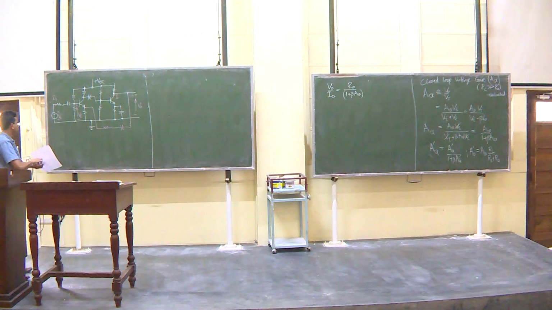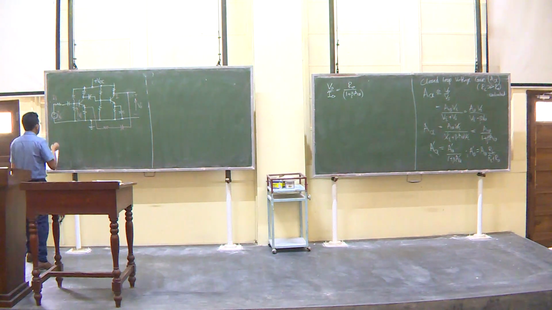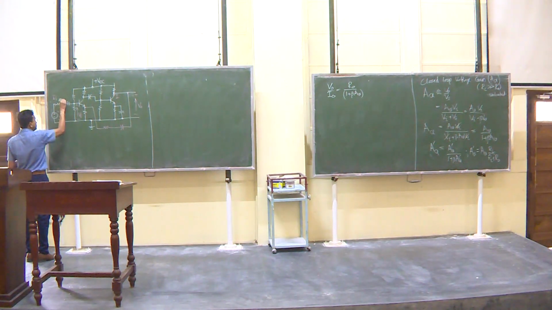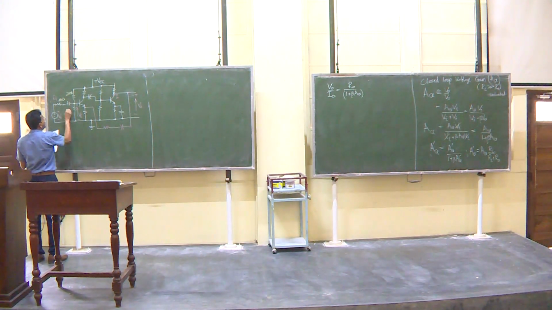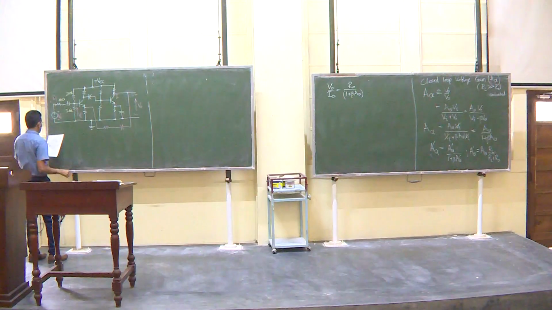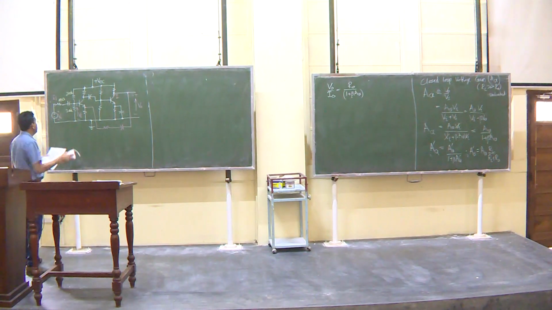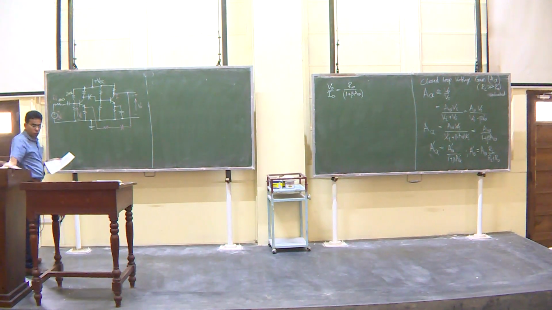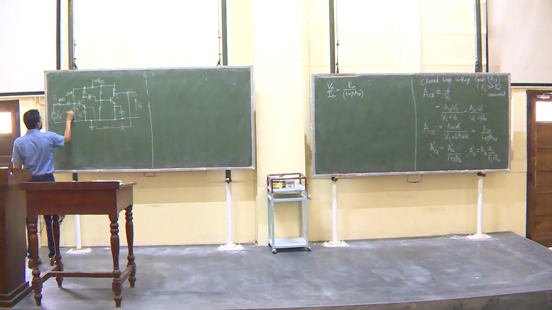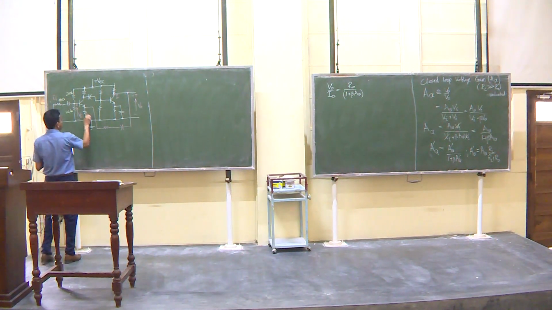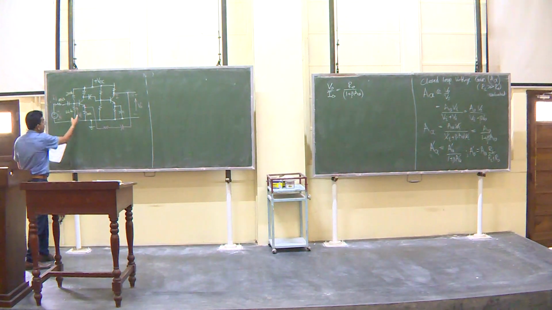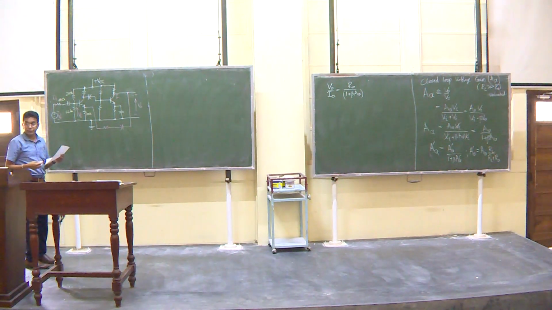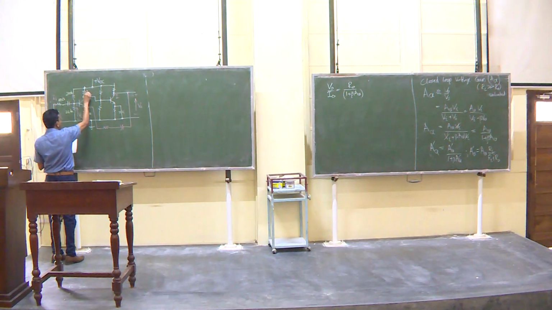And let me give some values for these. This is 100 ohms. This one is 200 kilo ohms. And this is 200 kilo ohms too. So, sorry, this is 22 kilo ohms. This is 22 kilo ohms. This is 100 ohms and it is not bypassed. There is no bypass capacitor. This one is also 22 kilo ohms.